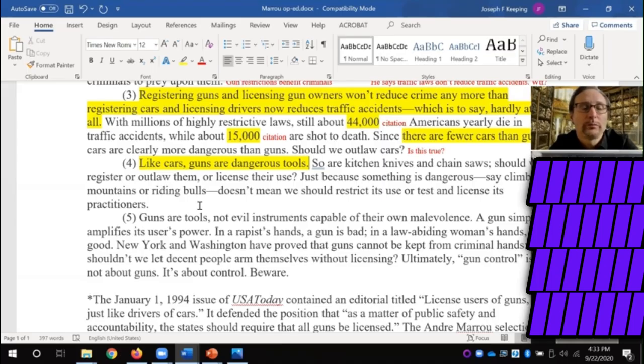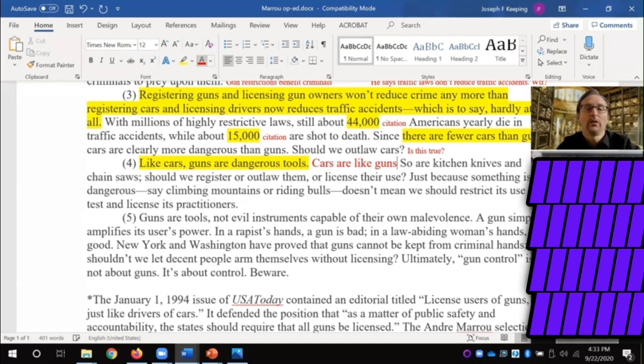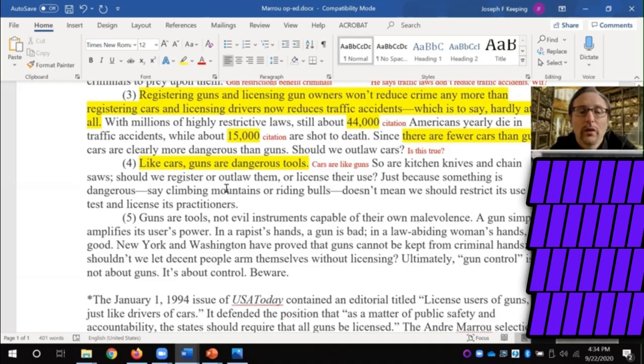Okay, thank you. I just highlighted "cars, guns are dangerous tools." And I'm going to paraphrase that by saying cars are like guns, kitchen knives and chainsaws. Okay, so what he's doing here is making an analogy.